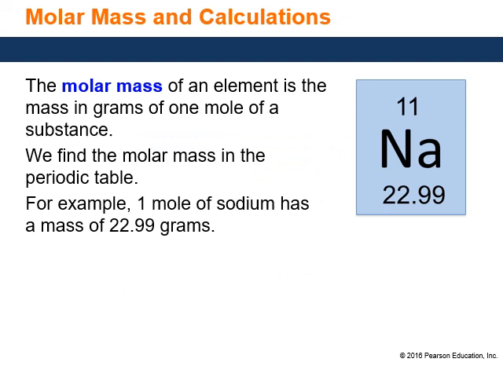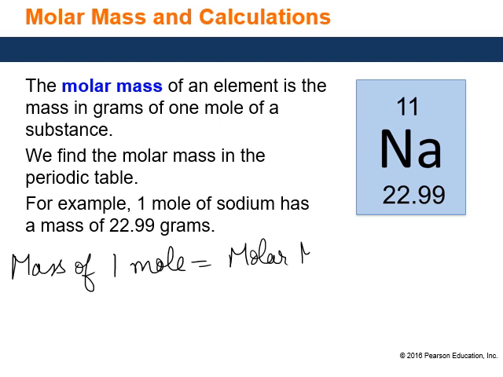Okay, the next concept is molar mass. So when we say amount of substance, we now understand 1 mole has how many units of it. Similarly, if I'm interested in the mass of that substance, mass of 1 mole of any substance is called its molar mass in grams.